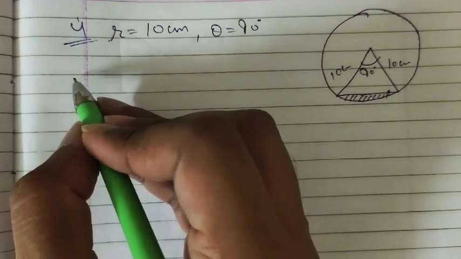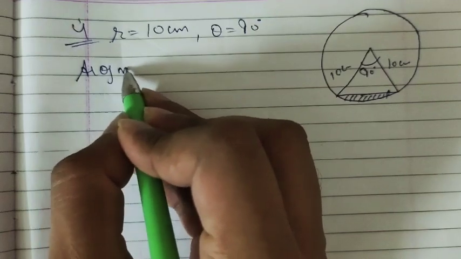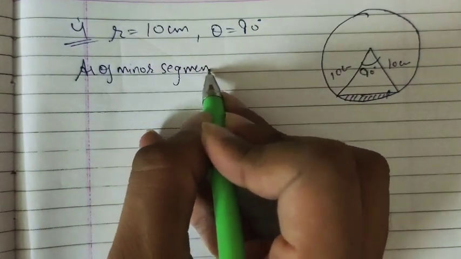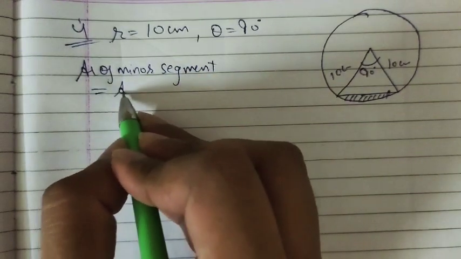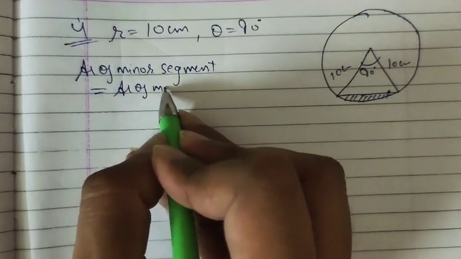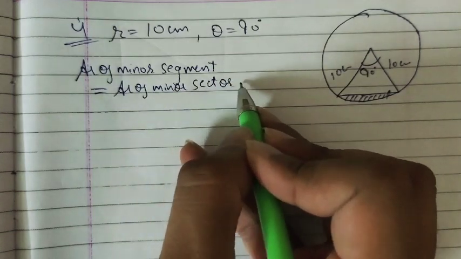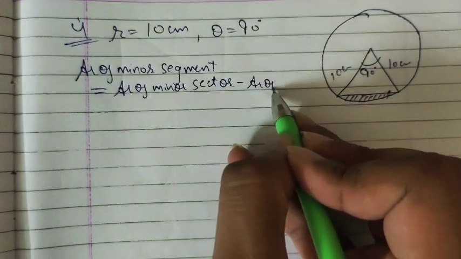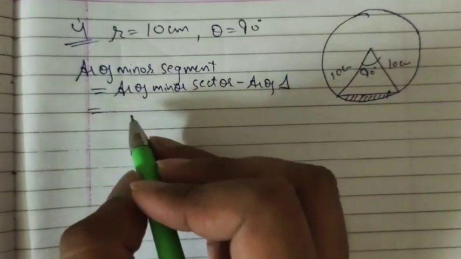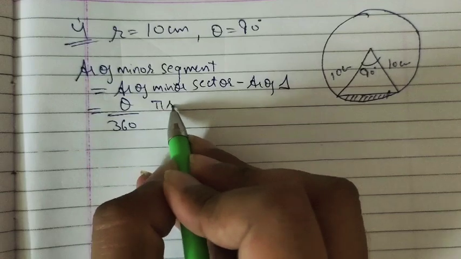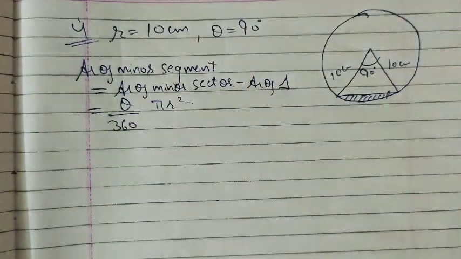So we know that area of minor segment is equal to area of minor sector minus area of triangle. Area of minor sector is theta upon 360 pi r square, minus area of triangle.